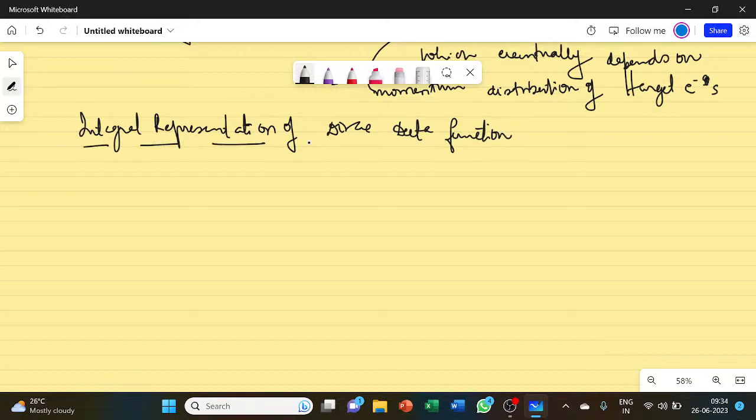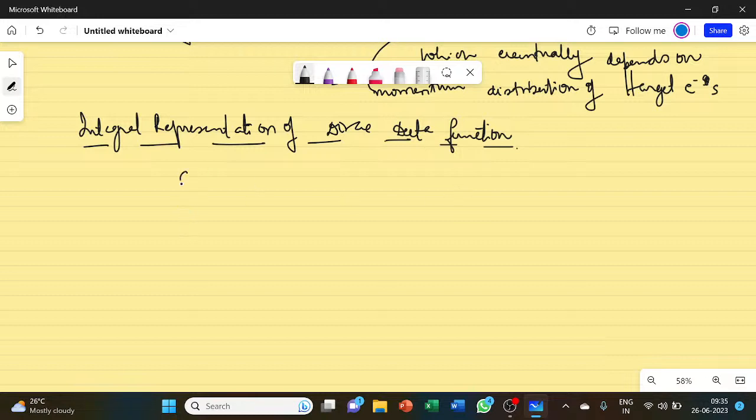You know that the Dirac delta function can be represented as a limit of sequences of some function, which we have discussed, for example rectangular functions, sets of Lorentzians, families of Gaussians, and all those sorts of things. Now, here we are discussing the integral representation of the Dirac delta function, and I would write it straight away.